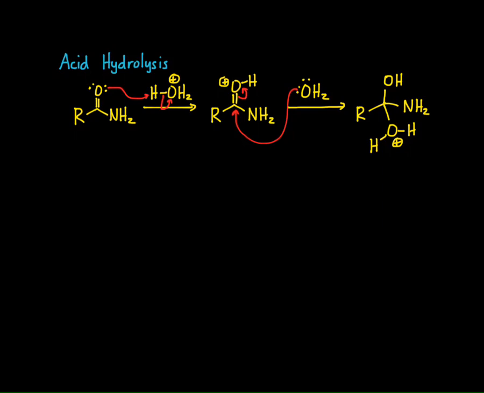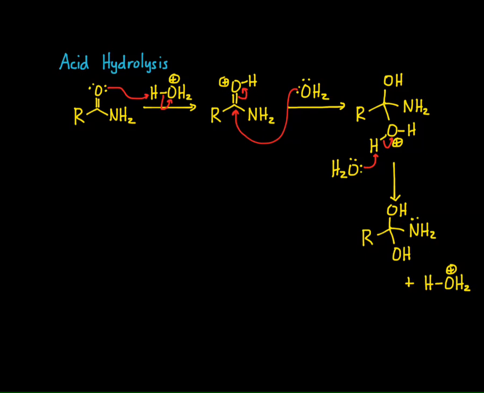They're still there. And we have to then deprotonate. We have to remove one of those protons, and we can use water to do so. So water removes a proton, and we generate our neutral tetrahedral intermediate. Notice we also regenerate our acid, the hydronium ion, in the process.